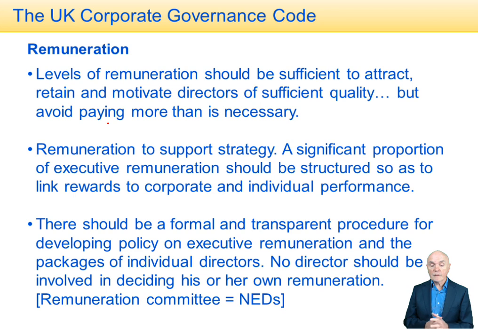So a typical way of doing this is to offer directors share options. So you say part of your remuneration is going to be, we will offer you at the end of the year share options which allow you to buy, maybe in 5 years' time, shares at $10 each. So 5 years' time sets a long-term strategy.